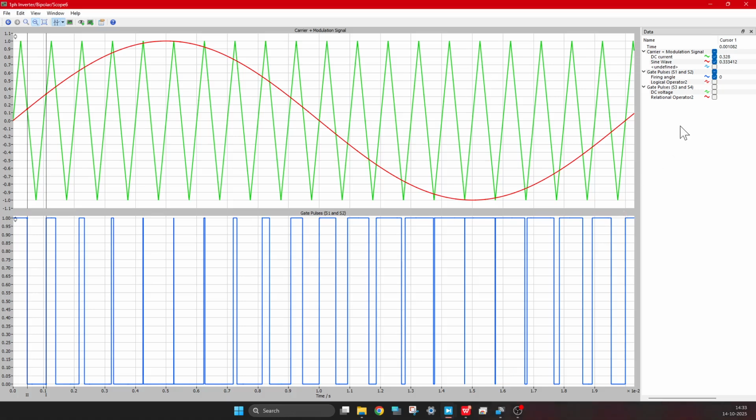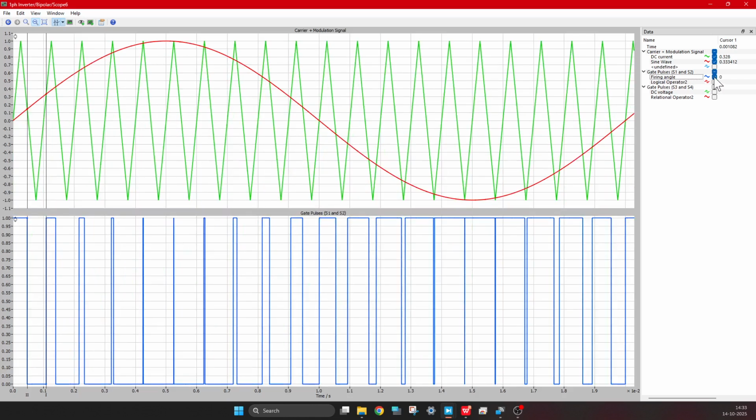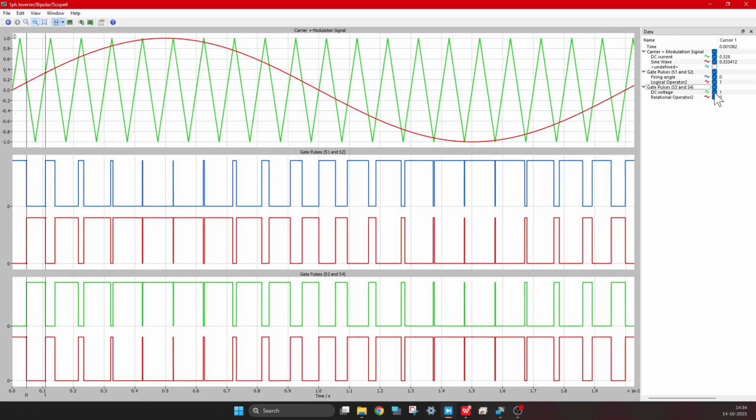Now let me introduce another pulse. This is the one. Okay, perfect. Now let me show you S1 and S2 together. Now this is S1 and S2, right? Let me include S3 and S4 also.